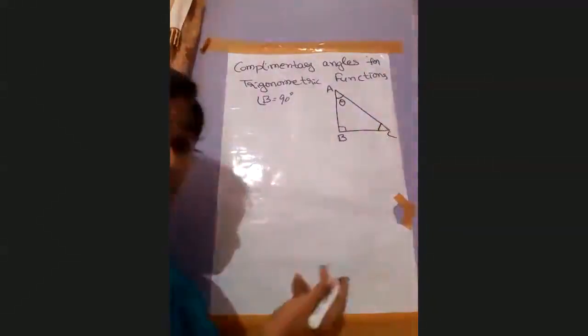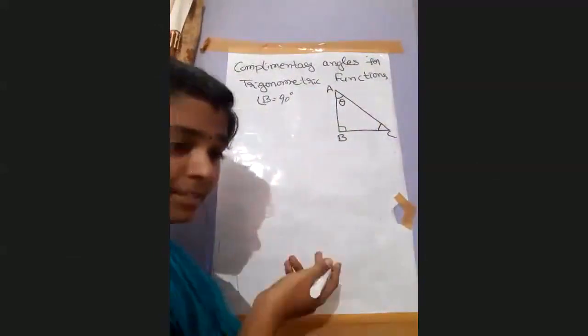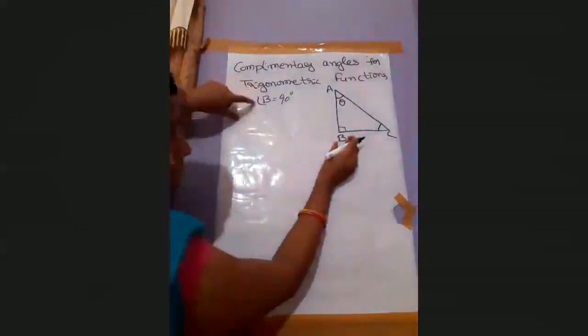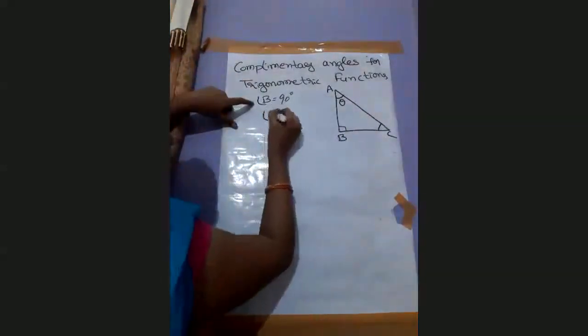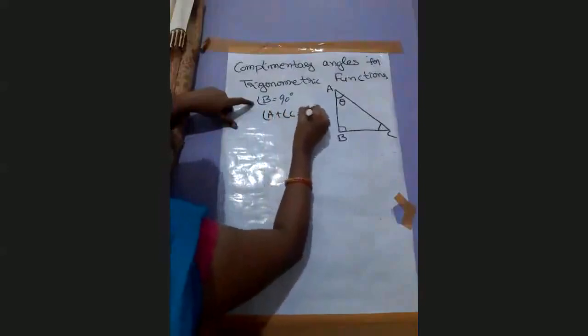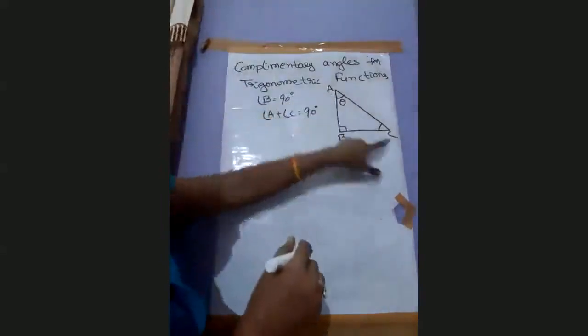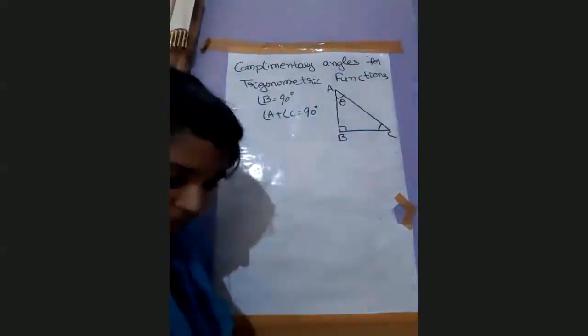So then what about angle C? Let us listen here. Angle B is equal to 90 degrees, and angle A plus angle C is equal to 90 degrees. Is it correct or not?